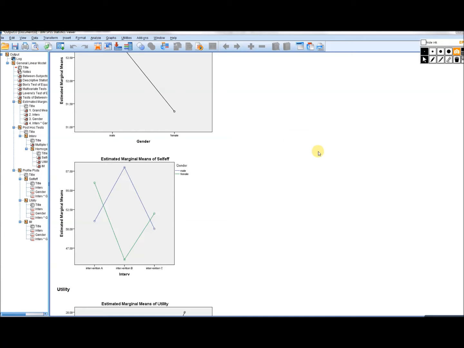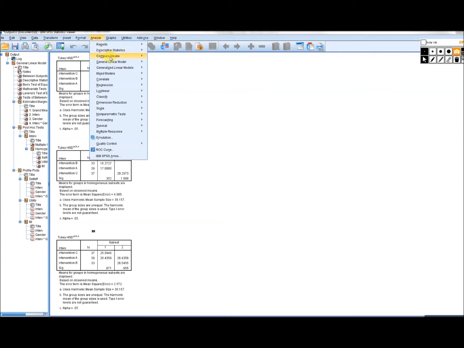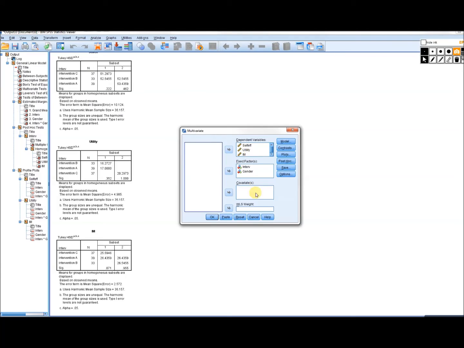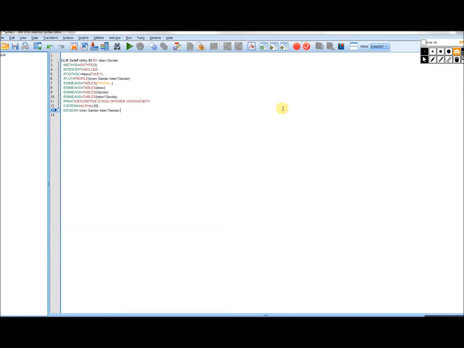So if I want to ask for those types of tests, what I can do is go back into the multivariate option box and click on Paste, and then a syntax file will open up. What I basically would want to do is go to the line that says EMMEANS tables, and it's got the interaction term listed, intervention by gender.